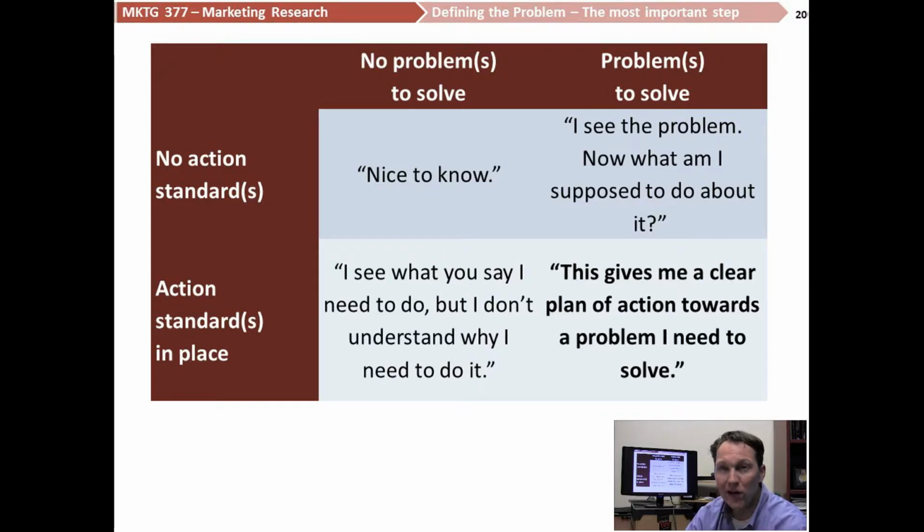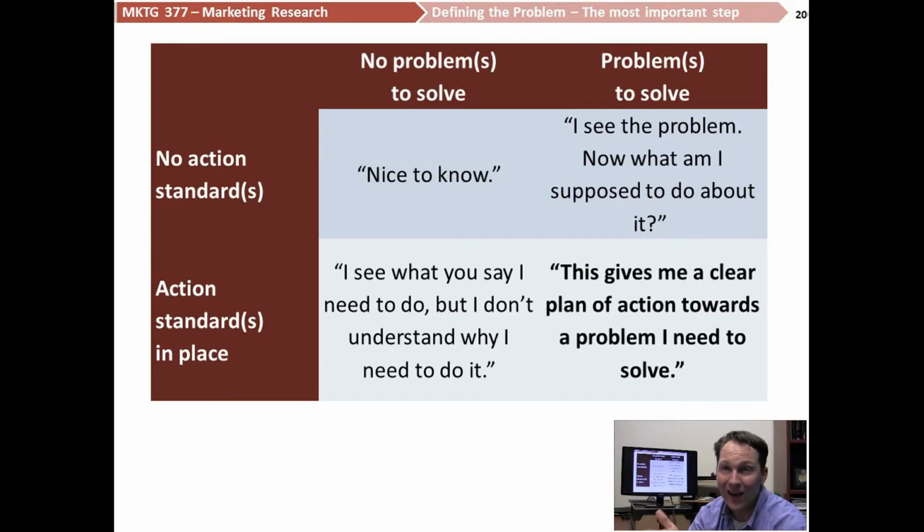If we have a problem to solve but we don't set any action standards for it, we're going to get some data that's going to help us to see the problem, but we're not going to know what to do with all that data. If we set action standards but we don't really have a problem to solve, if we're really just addressing a symptom, or if we have a really vague idea of what the problem is, we can say, I see you say what I need to do, but I don't understand why I need to do it.